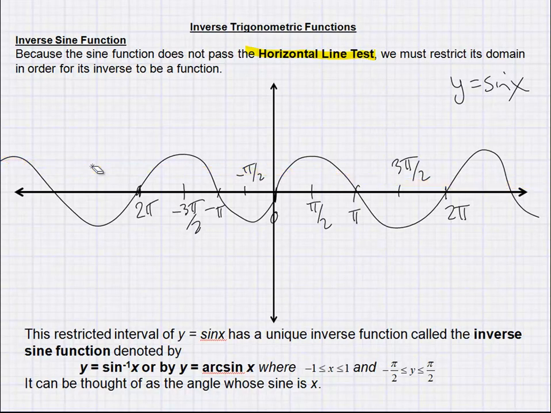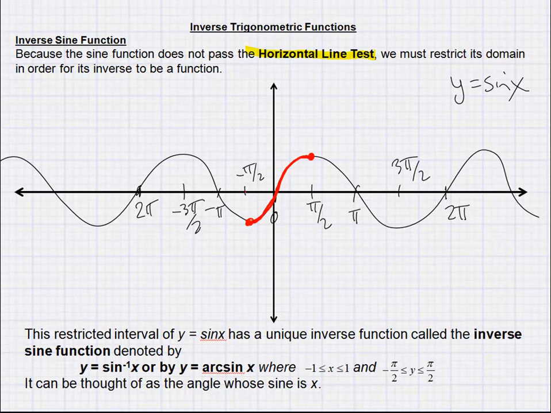So, what are we going to do? Well, we need to restrict the domain enough. And what we're going to do is this. If I look at this function from minus pi halves through to an x value of positive pi halves, this piece of the sine function is one-to-one, and that piece of the sine function does have an inverse.